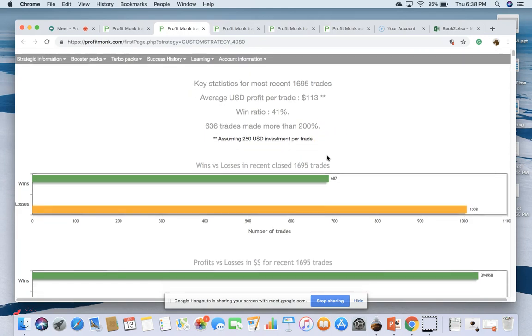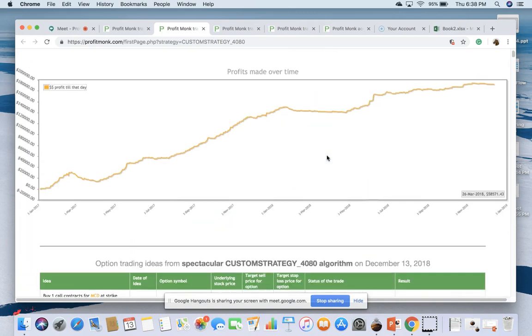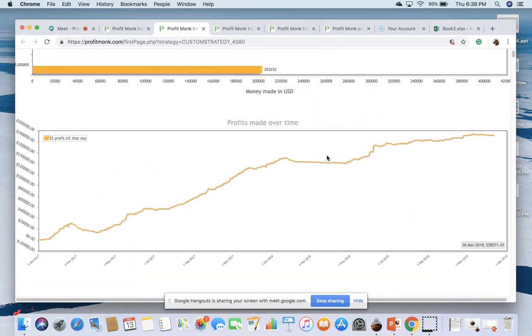If you go down, this is very interesting because whatever this combination is, we'll go deeper into what this combination is. This is January, so this is where 2018 ended.